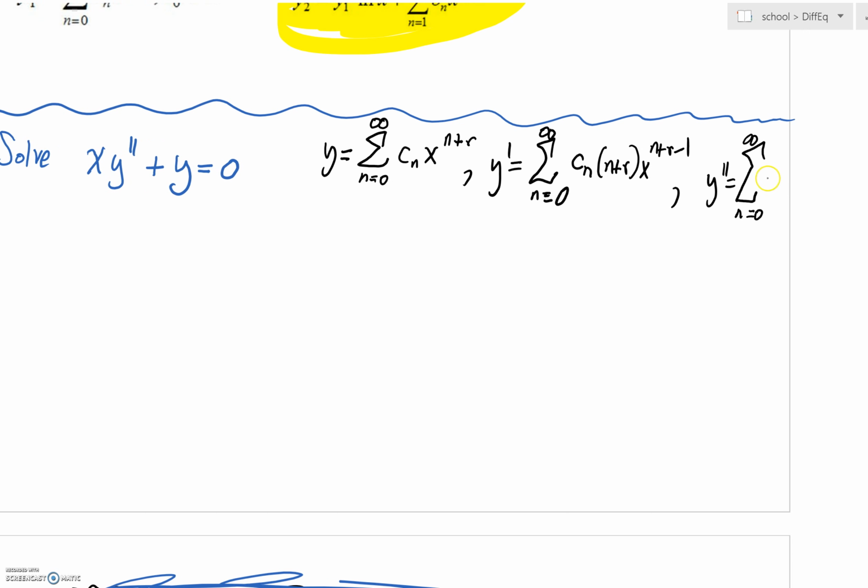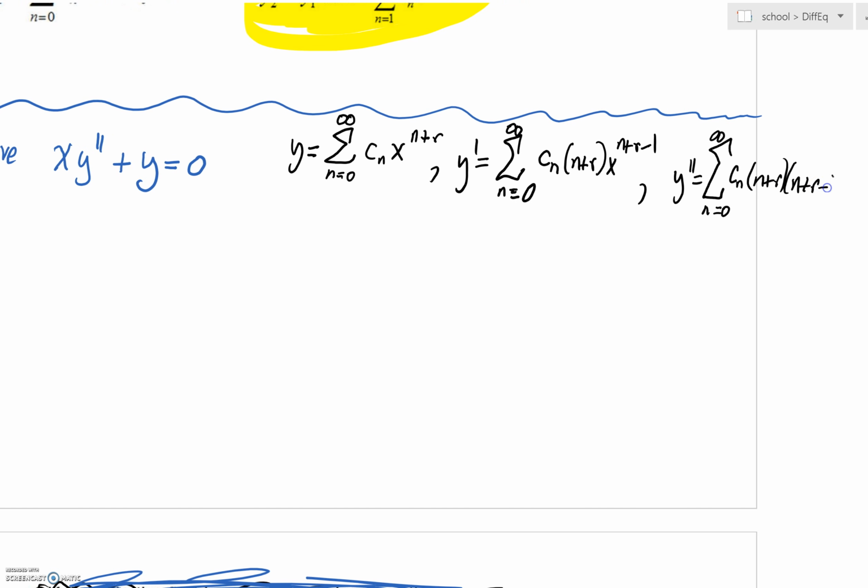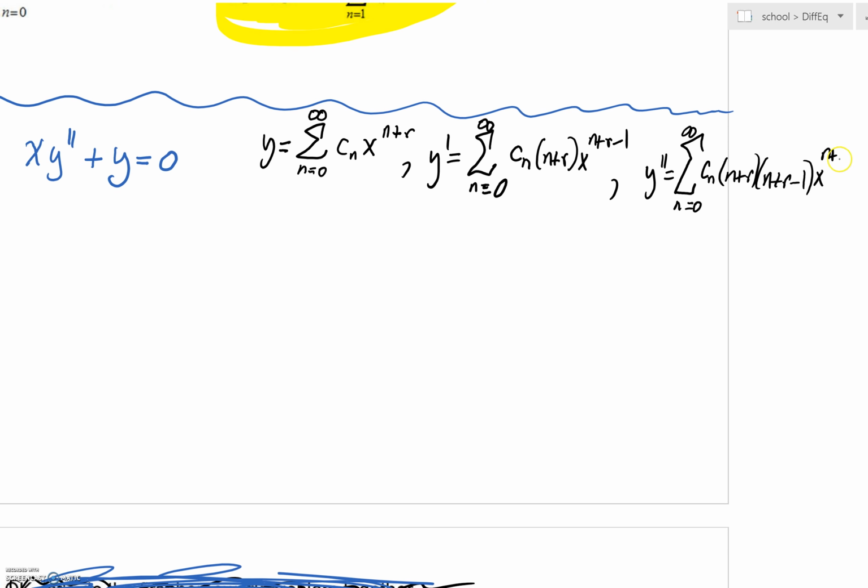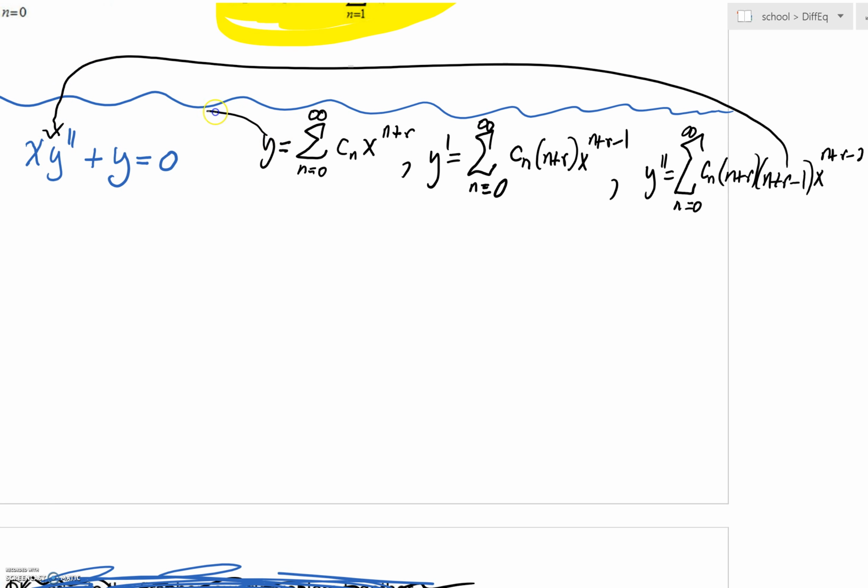But what we are going to be able to do is bring down one more term from a derivative. So I'll bring down an n plus r minus 1, and then up here, we're going to lose another. This is now going to be n plus r minus 2. And what we will do, of course, is substitute these two in here.